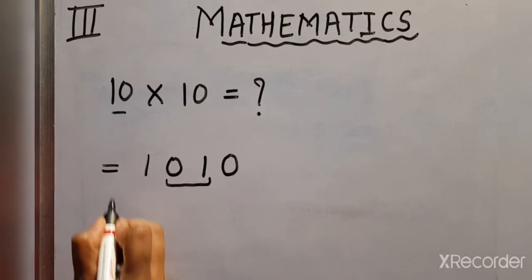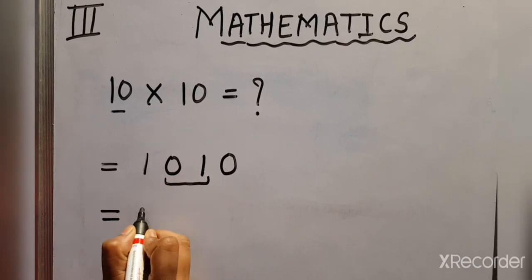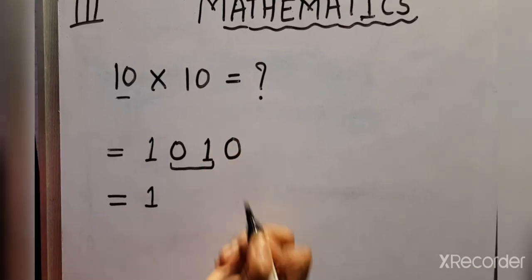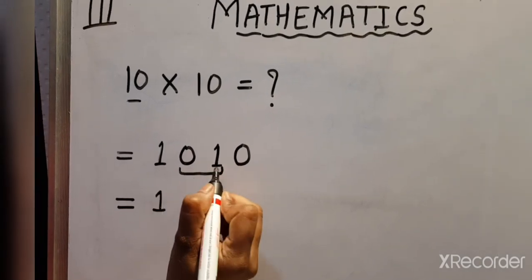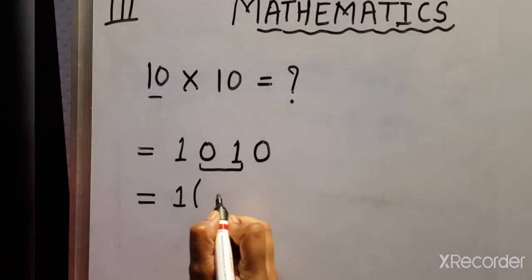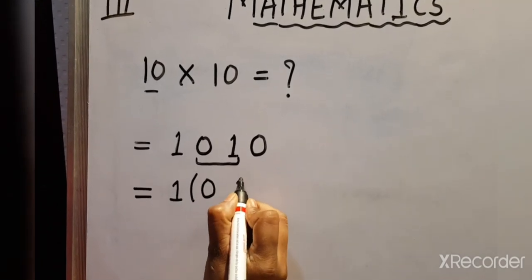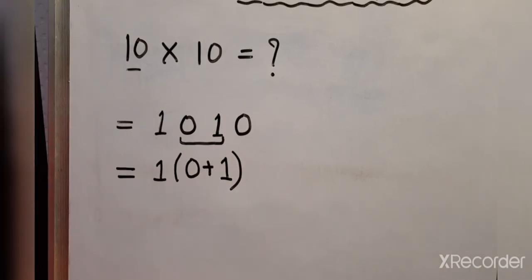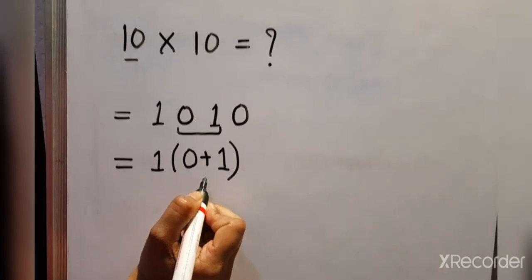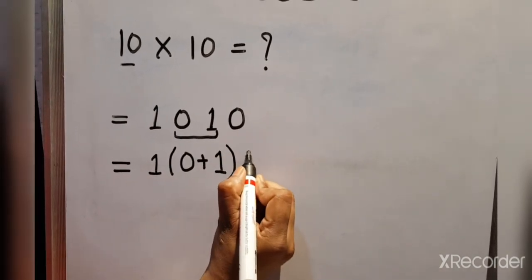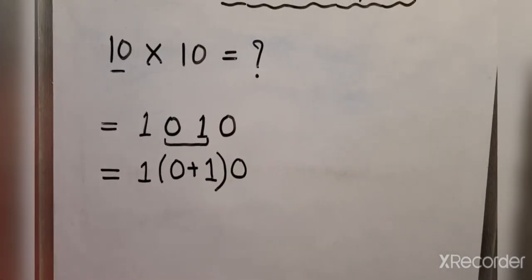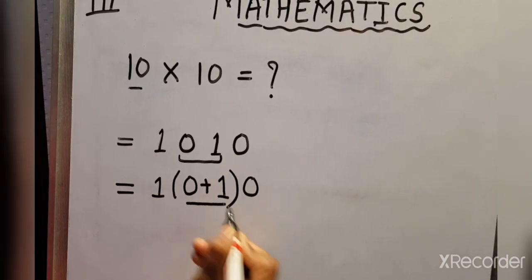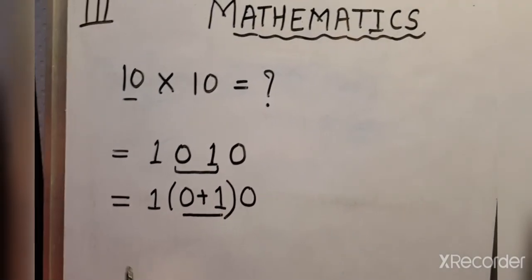Now this number 1 will be as it is. Now this 0 and this 1 we are going to put in bracket, 0, 1. Also we are going to put a plus sign. And this 0 will be as it is. After that the next step is we are going to add whatever is given in the bracket.